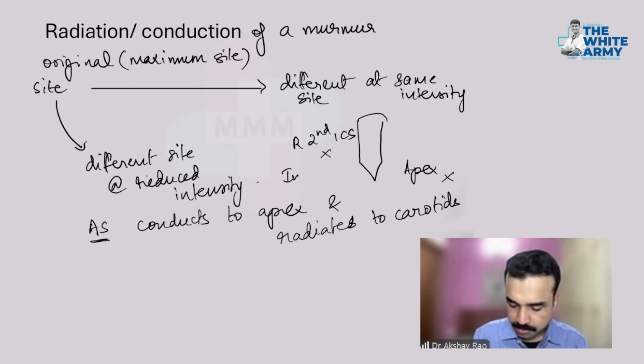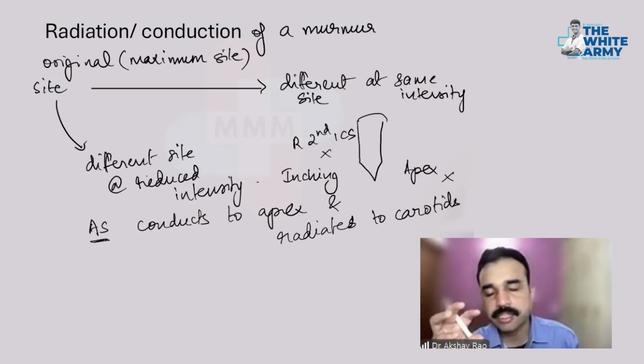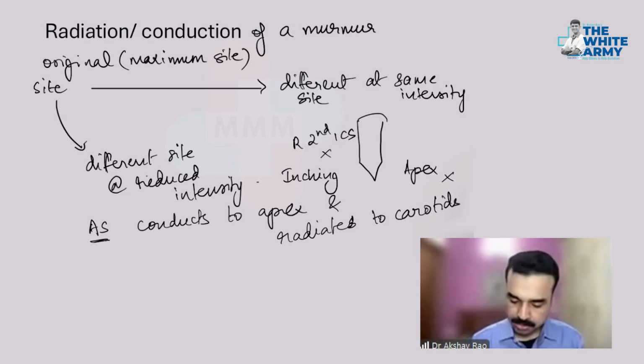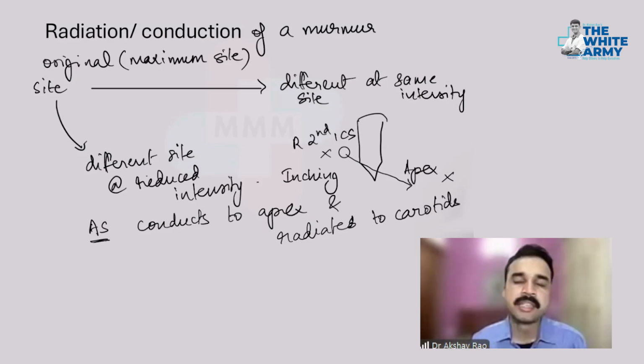The inching method involves taking your chest piece from the area of maximum intensity towards the other area. So in case of aortic stenosis, first I'll keep my chest piece in the second right parasternal space, where I've heard the ejection systolic murmur. From there, I'll take the chest piece slowly towards the apex, inch by inch. I'll be able to appreciate whether the murmur is slowly reducing in intensity as I reach the apex.